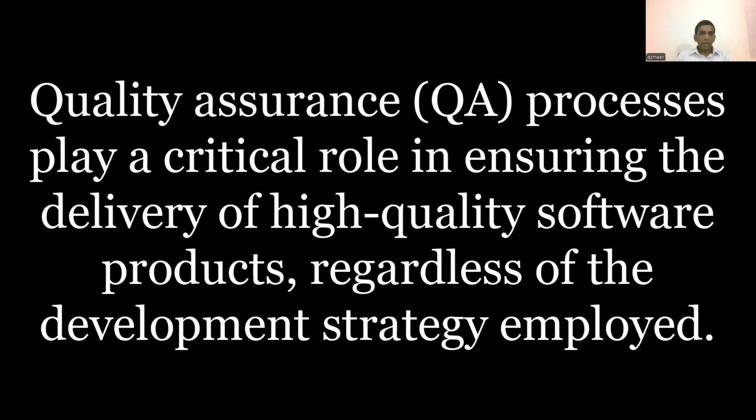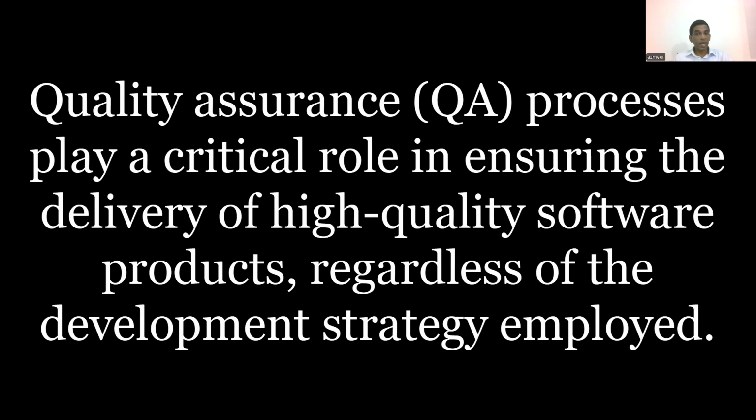Okay, so what is quality assurance? What is the process of quality assurance? As it says, QA processes, not one, but there are so many, that's why we call it processes, play a critical role in ensuring the delivery of high quality software, regardless of the development strategy employed.